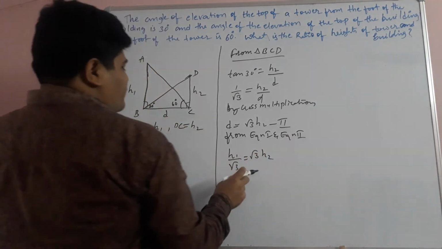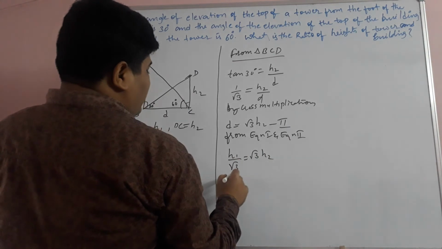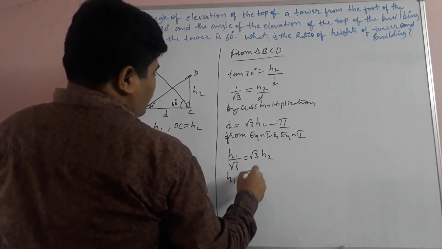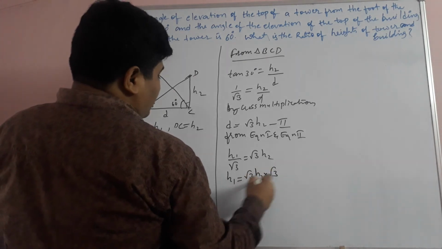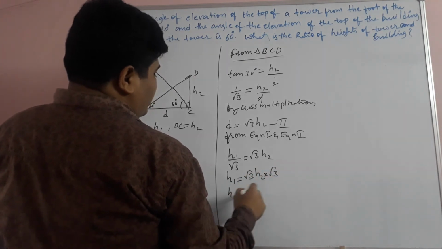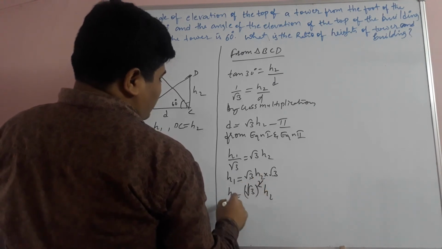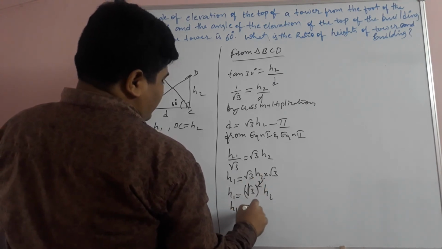Children, send root 3 to the right hand side. Then you will get H1 is equal to root 3 H2 into root 3. So H1 is equal to root 3 into root 3, which is root 3 square, into H2. The square root cancelled, and H1 is equal to 3 H2.